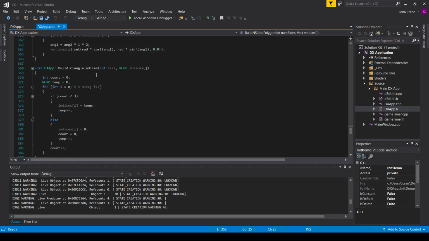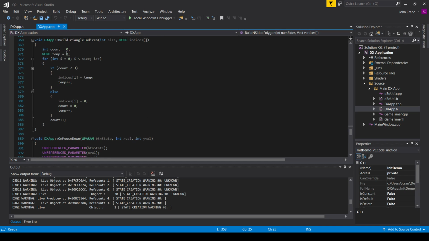For build triangle indices, I have a count and a word temporary. This simple for loop, for every 3 array entries, counts incrementally, but on the third array index, it sets the count back to 0 and decrements the temp.